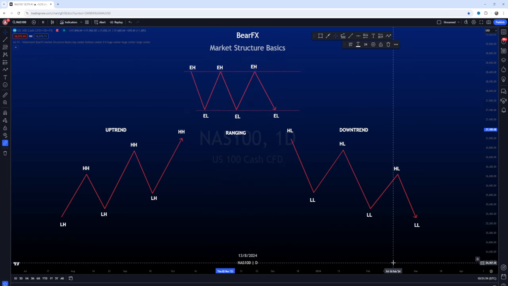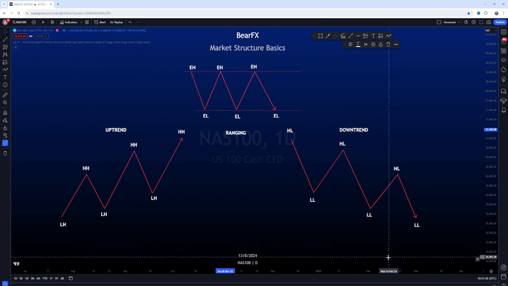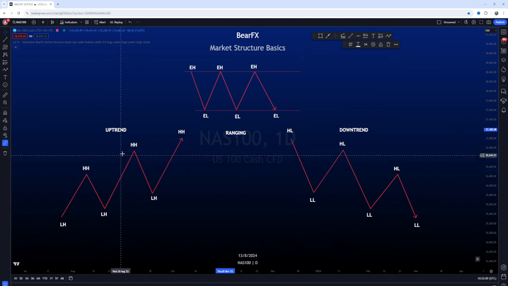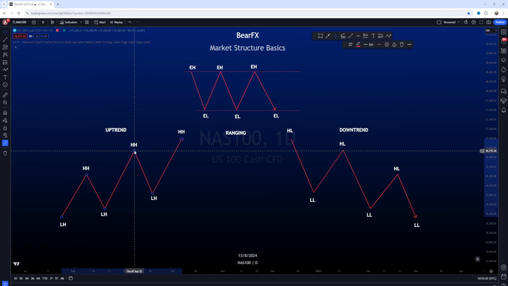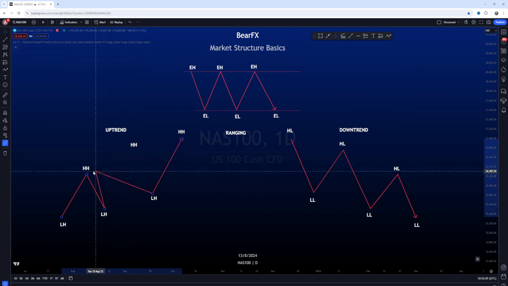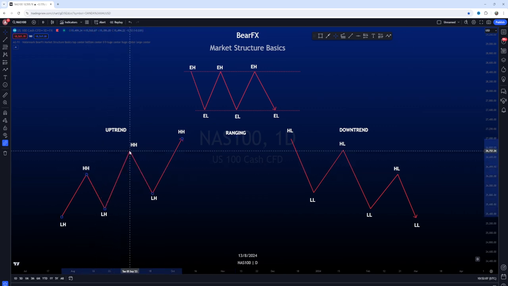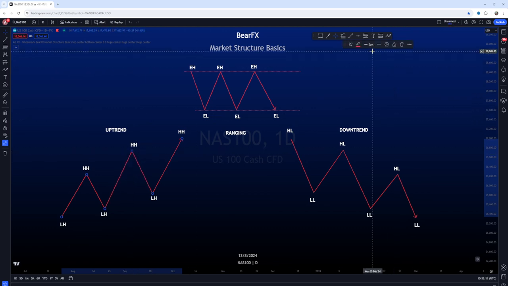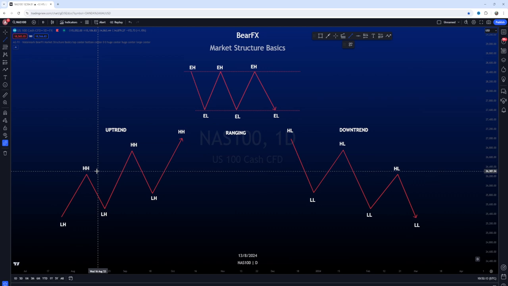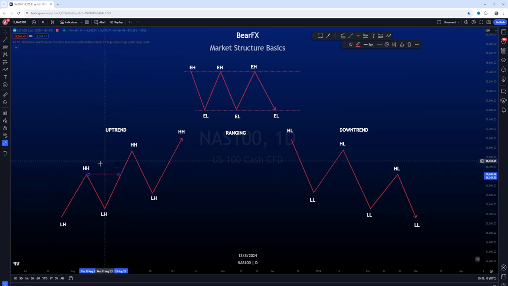Now, moving on from that, what else do we get when we see an uptrend? What we see is that it's an uptrend because price here has taken this high and given us a new higher high. Now this is called a break of structure. We can clearly see that price has pushed up and broken structure here and created a new higher high, giving us that uptrend.